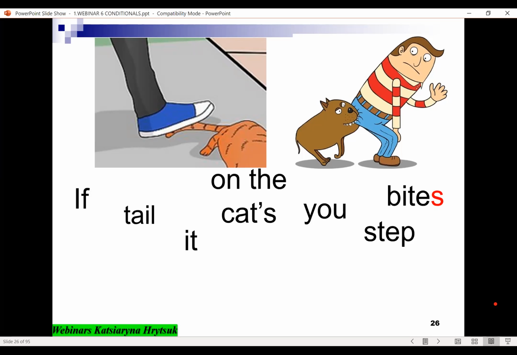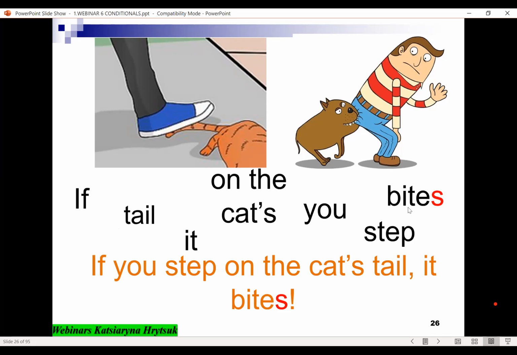If you step on the cat's tail, it bites. If you step, this is the verb, when you step on the cat's tail, this is a tail, okay?